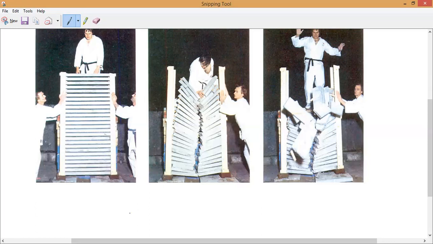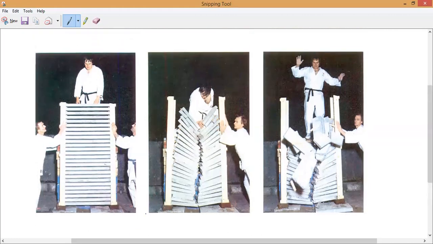Try to understand this very carefully. When a person hits a pile of tiles very forcefully with his hand, his hand's mass is very small, but the action of his hand is faster than a bullet.